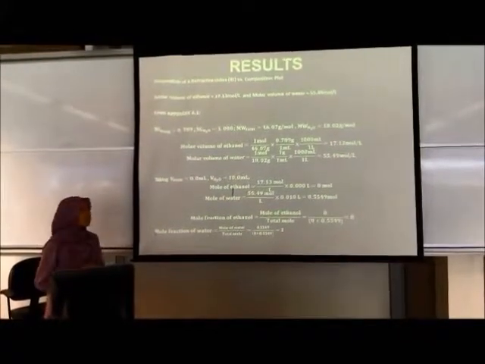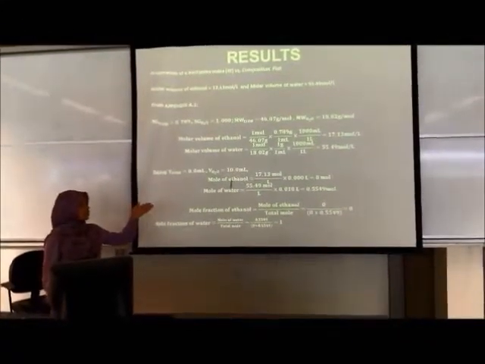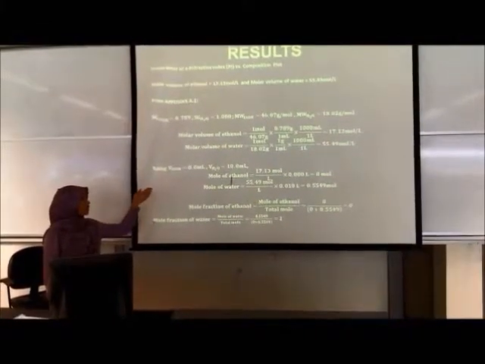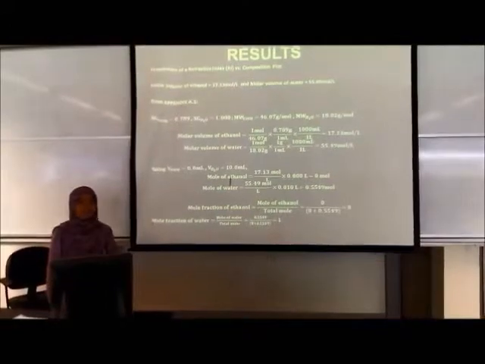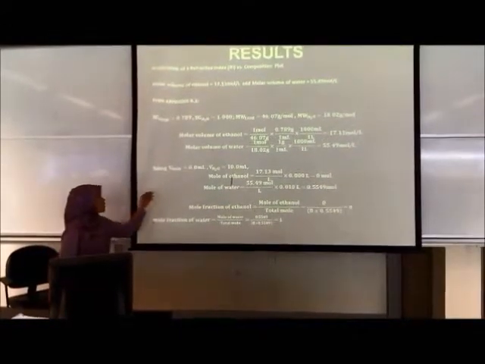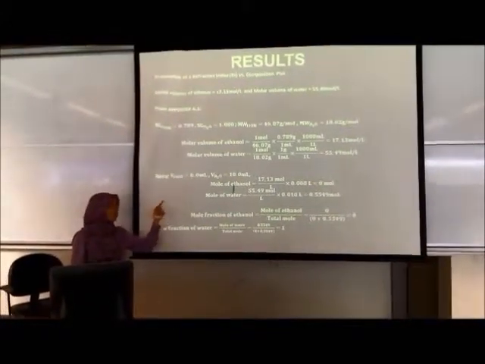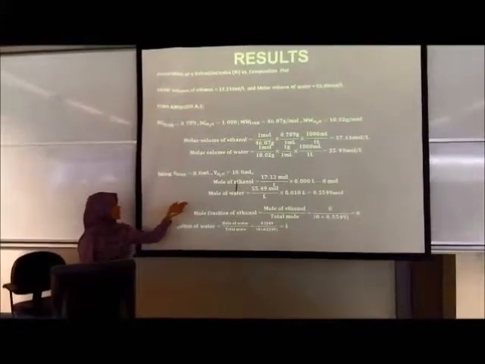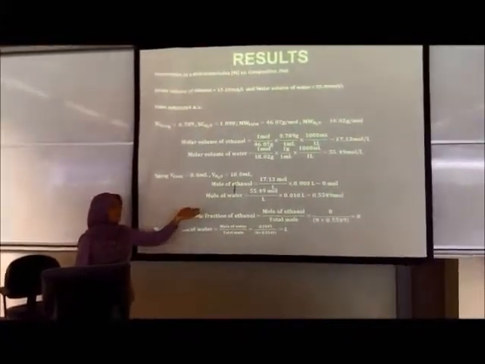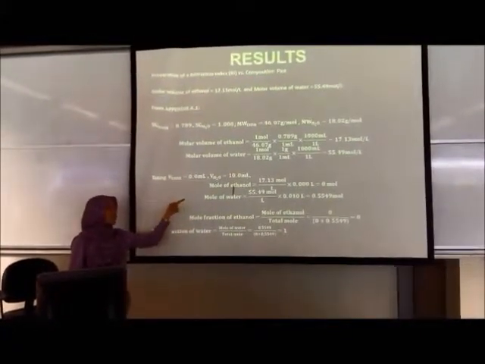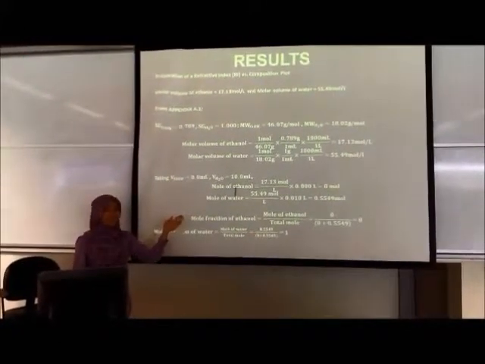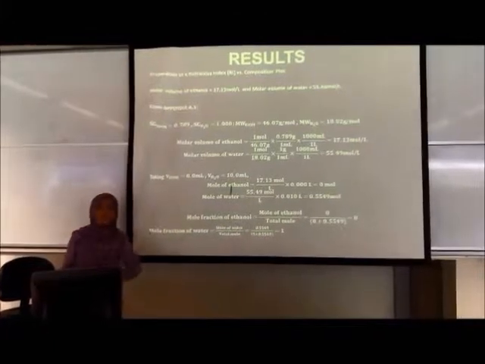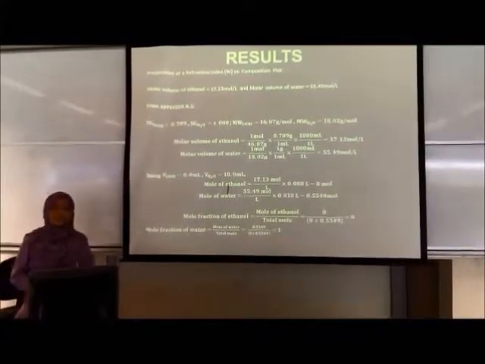So 17.1 mol per liter times 0 liter of ethanol gives 0 mole of ethanol in that solution. For the moles of water, we use the molar volume of water, 55.9 mole per liter, times 0.01 liter, and we obtain 0.5549 mole of water in that solution.